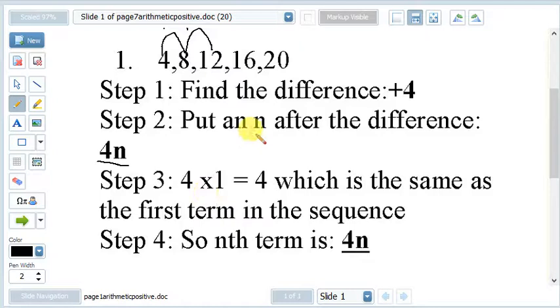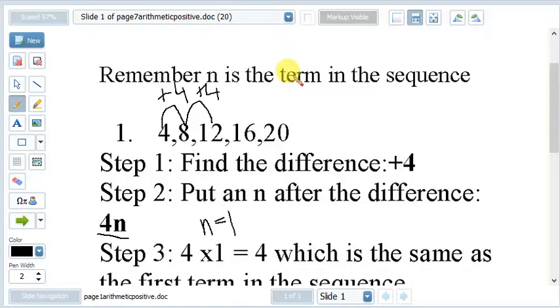Step 3, we substitute n equals 1 into the formula. Basically what that means is the first term, so here we're going to say n, the first term, second term, third term. The first term is 4, the second term is 8, and the third term is 12.